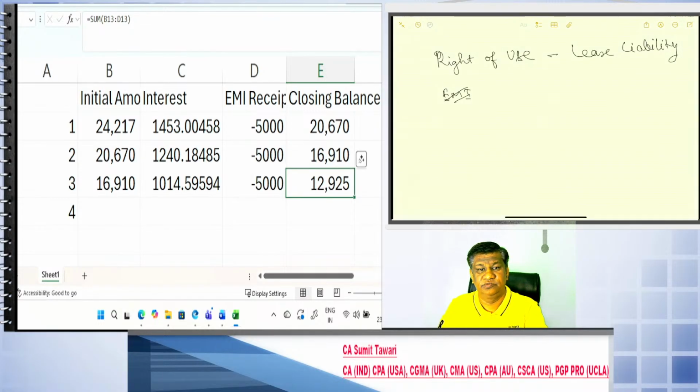So first, years 1, 2, 3. How much is the lease rental per year? 18,000. Then the discounting factor at 5.75%: 1 divided by 1.0575.